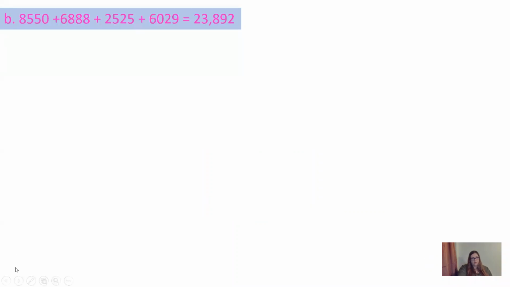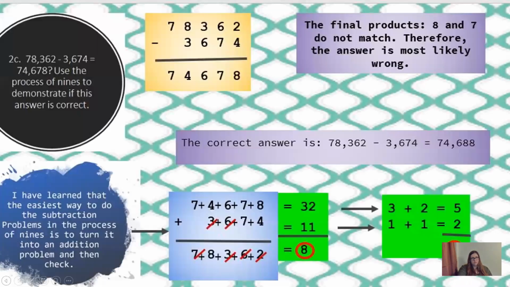All right, we're going to go on to some more problems. I had this one broken down more because it's a subtraction. So if you're doing a subtraction one, it's best to turn the problem into addition. So you're going to just set the final product with the lowest number, the bottom number, and see if it's correct.